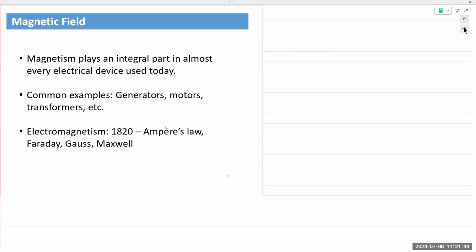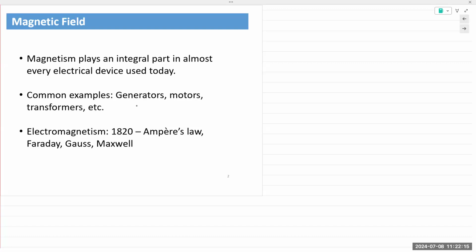Much closer, if you have a smart device with wireless charging, like a smartwatch, a smartphone, or a tablet, there's an inductive coil in the back of these devices. Again, electromagnetism. So magnetism in general is very important, and electromagnetism even more so. Common examples are generators, motors, and transformers, without which modern electronic devices would never work.